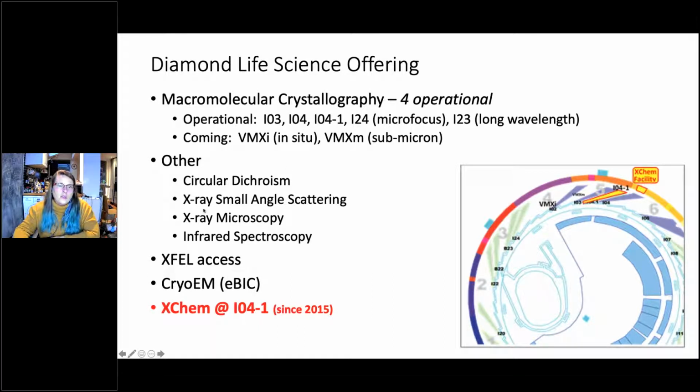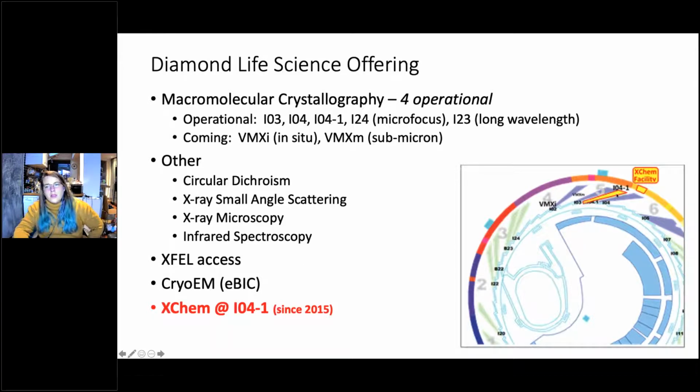And there's a lot of other stuff that you can do with particles when they're accelerated as well. So there's a lot of stuff in the physical sciences and outside of macromolecular crystallography as well. There's a new facility for cryo-EM too, which is exciting. That's called eBIC. And then I suppose obviously the most important one for this talk is XChem, which lives at the I04-1 beamline.